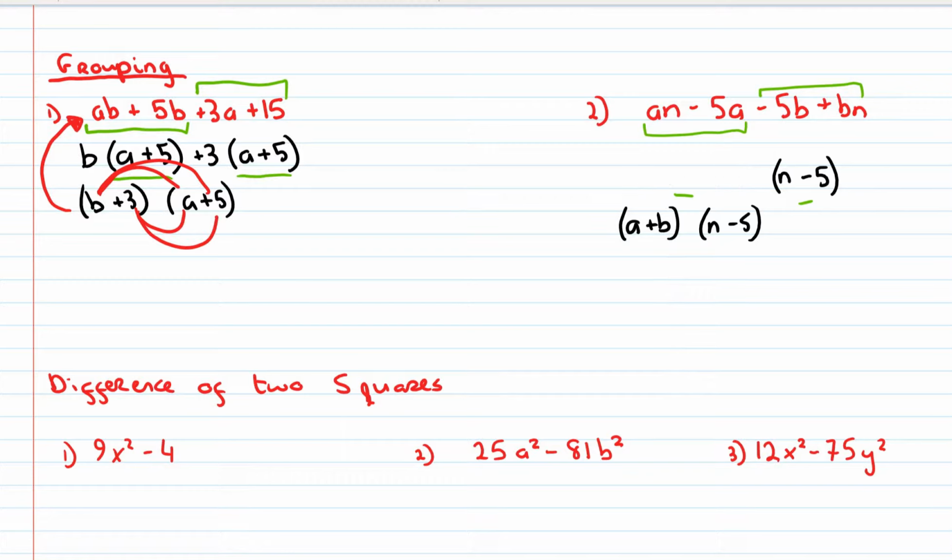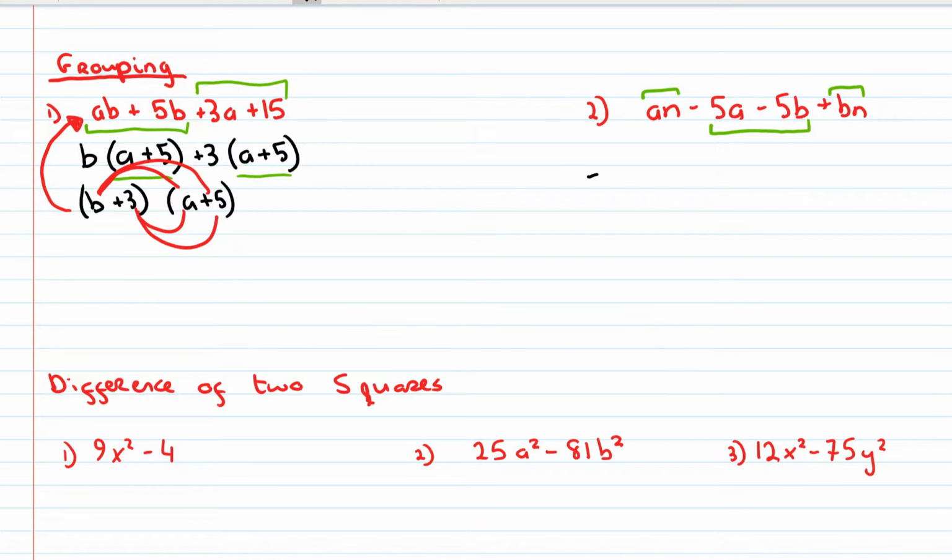Let's see if I can work it a different way. Sometimes there's two ways of working it. Sometimes we have to play around with it to try to get the right pair. Okay, this time I'm going to take this pair and factorize it out, and then this pair. Let's see would it work. We'll take the two 5's first.